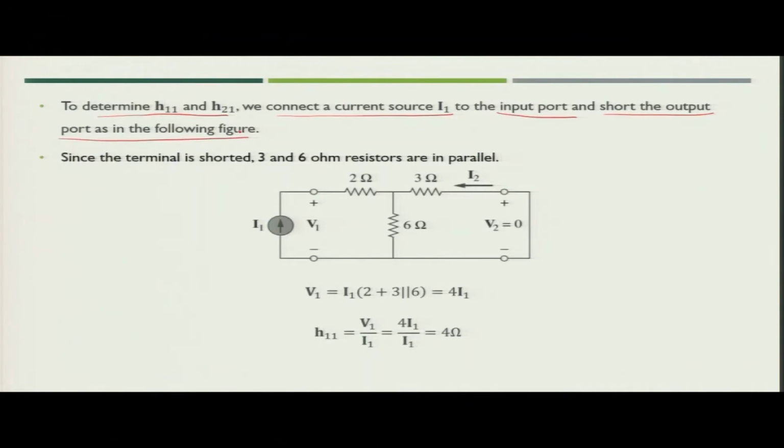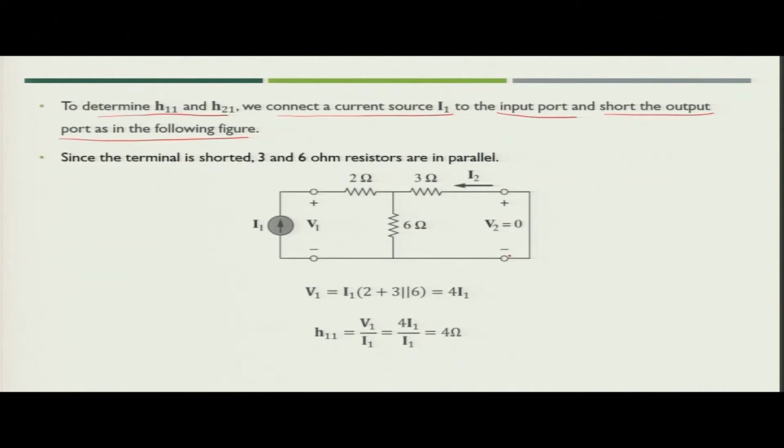If you see the updated circuit, here you have the T circuit given in the question. Now you are making the output port short circuit, meaning V2 is 0 in this case, and you are applying the current source I1 to the input port.